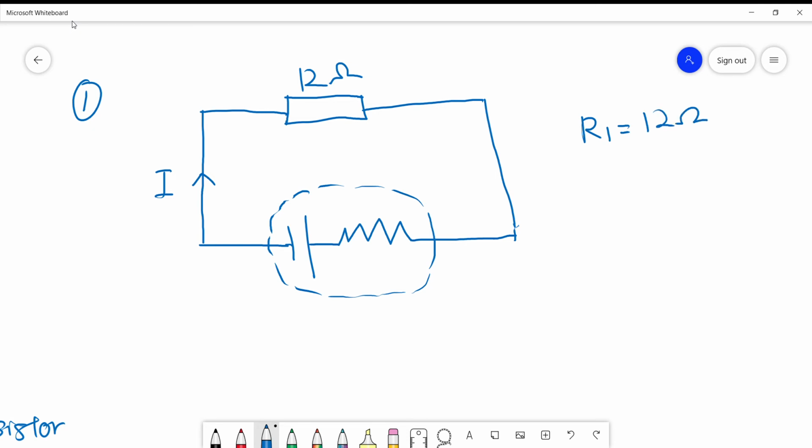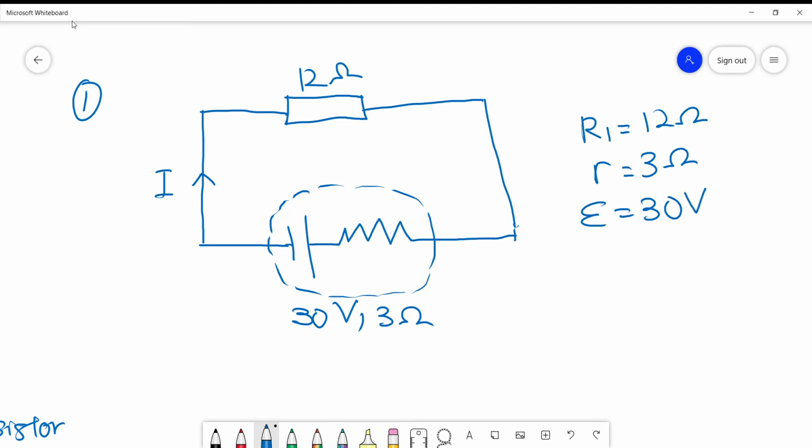The electromotive force is 30 volts, and the internal resistor is 3 ohm. I write it directly inside the diagram.